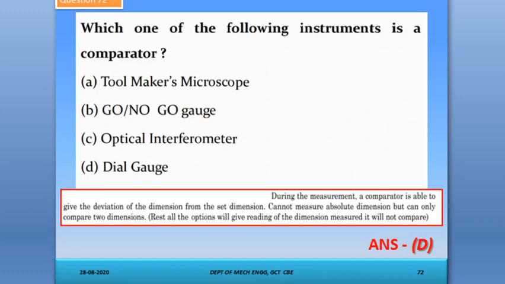It cannot measure absolute dimension, but can only compare two dimensions. It's the dial gauge, a mechanical comparator. We can only compare two values; it cannot be used as a measuring instrument.